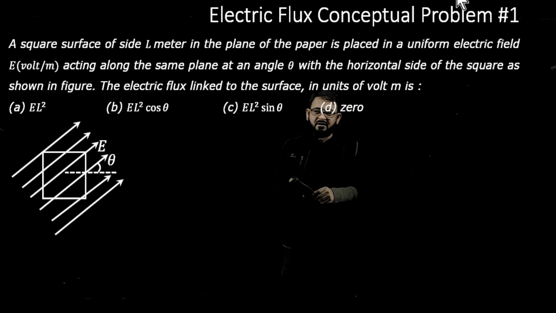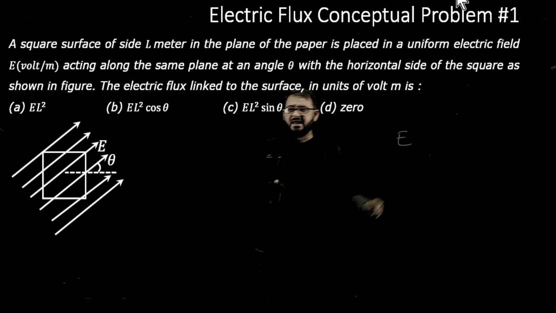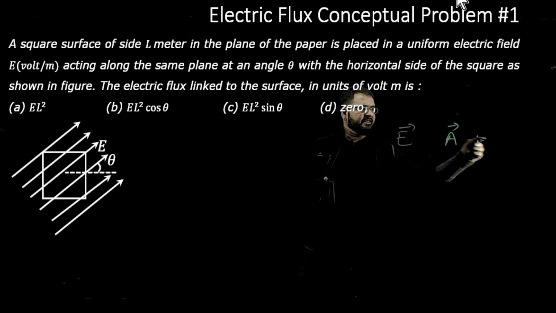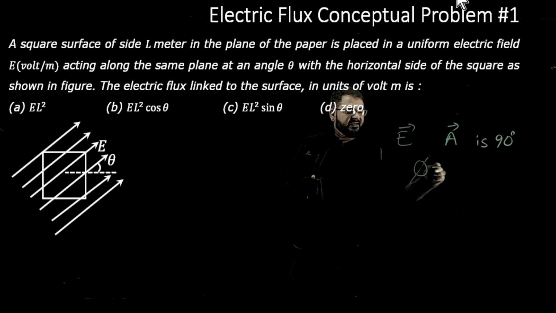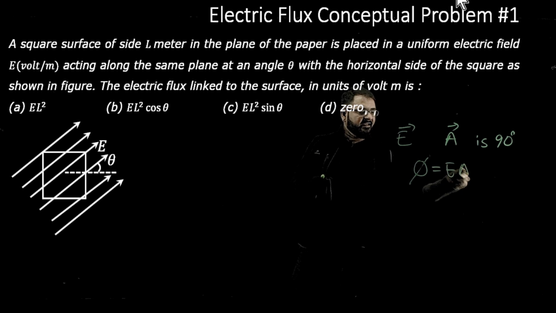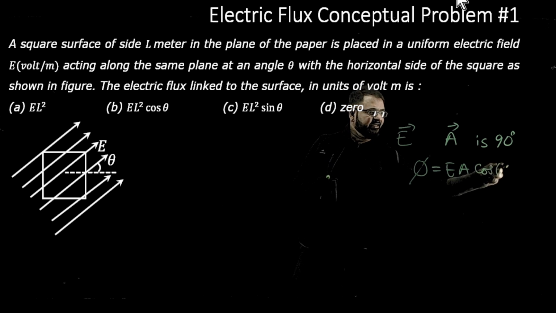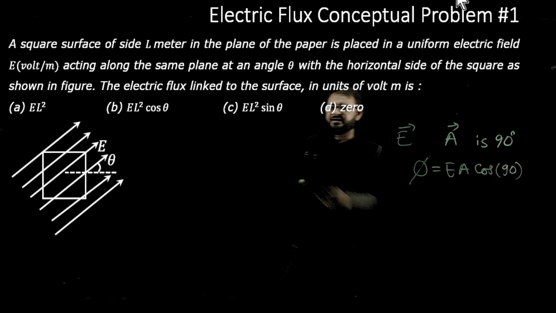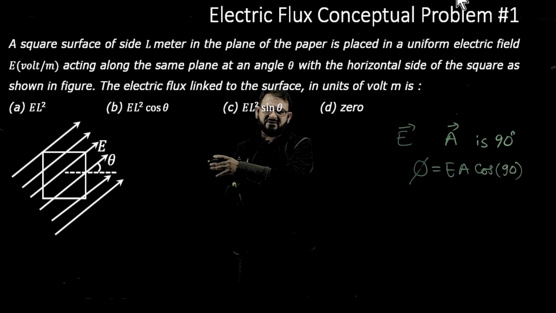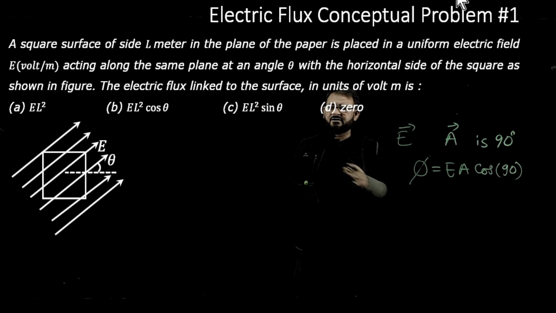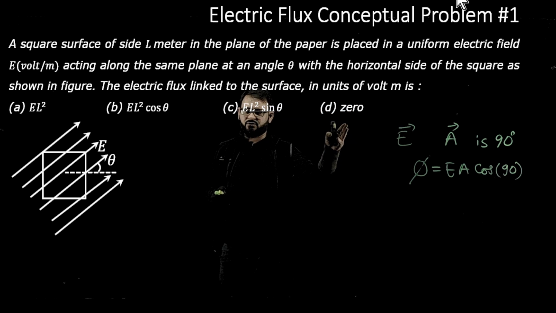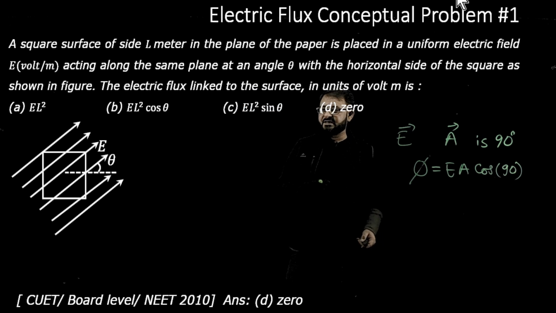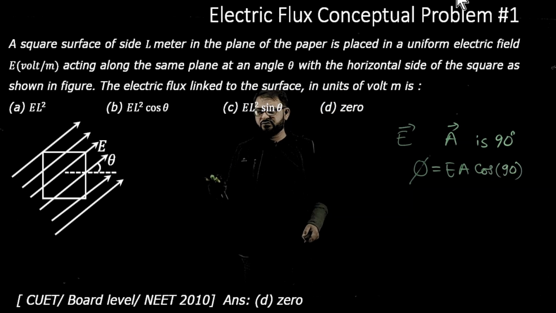The real angle between the electric field and area vector is 90 degrees. Therefore, flux is equal to EA cos 90. The angle theta given as the orientation is just to trick you. The answer is 0. This question was asked in NEET 2010.